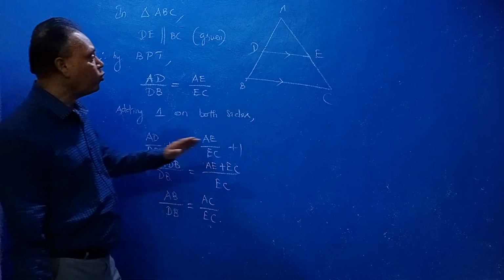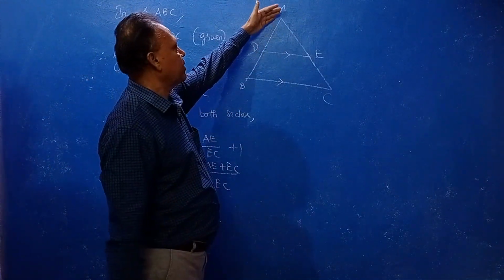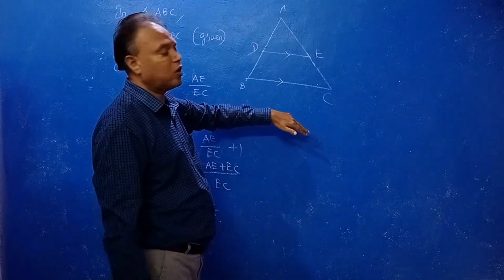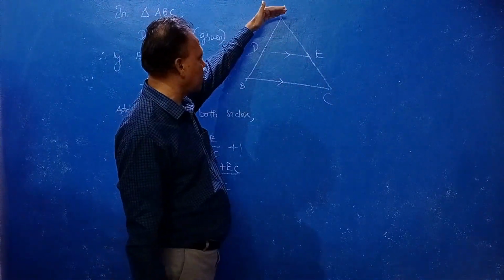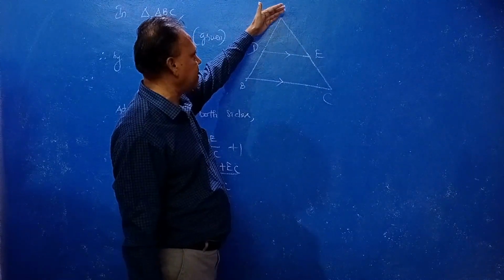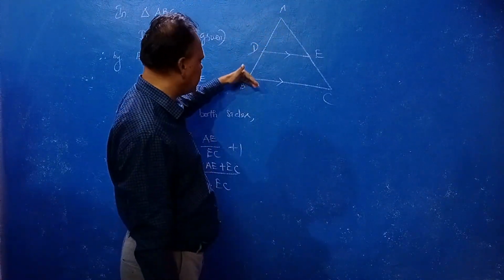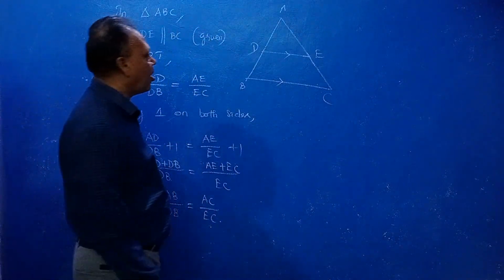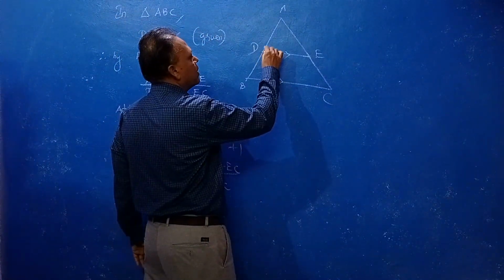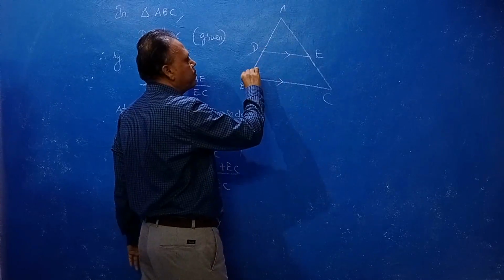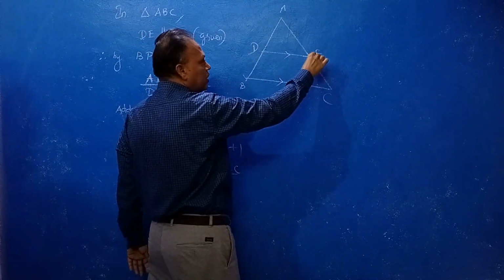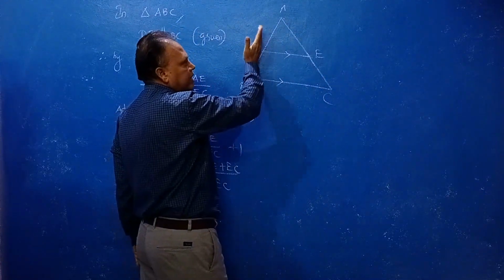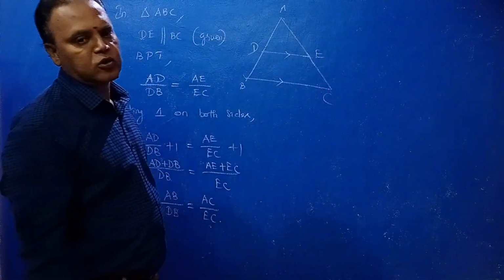So how you take the left, AB by DB, means you have to take AC by EC on the right. According to the problem, you have to take the ratio. Sometimes you can take directly AB by DB equal to AC by EC. Understand? Or you can take DB by AB equal to EC by AC. Understand how you take the left; in the same way take the right also.